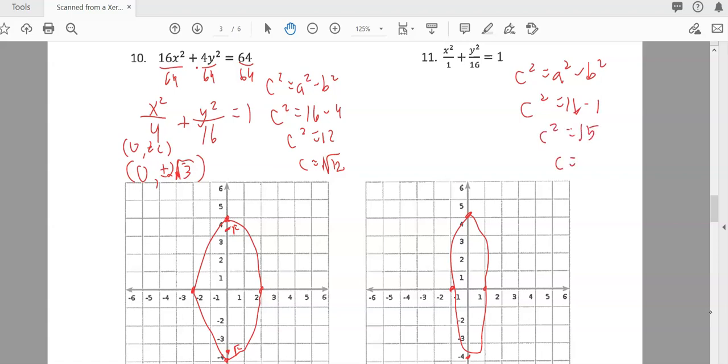So c equals the square root of 15, which is almost 4, 3.9-ish, down 3.9-ish. The focus is right inside of that. On the major axis, the ordered pairs would be (0, plus or minus square root of 15), which I don't think simplifies.